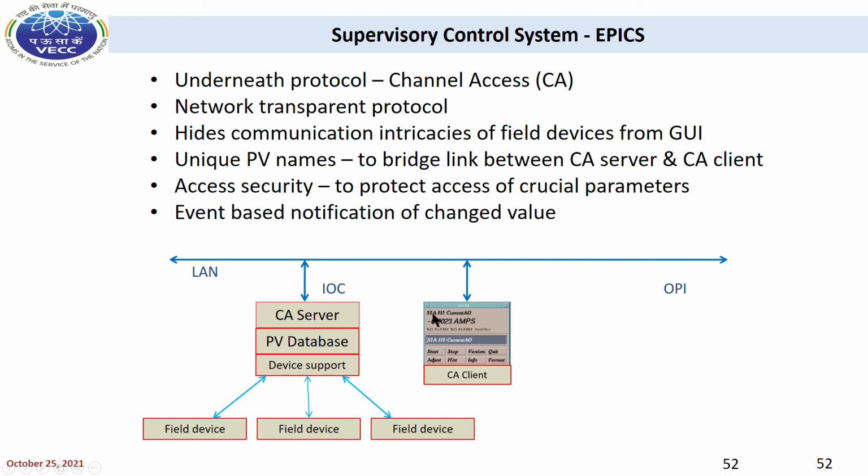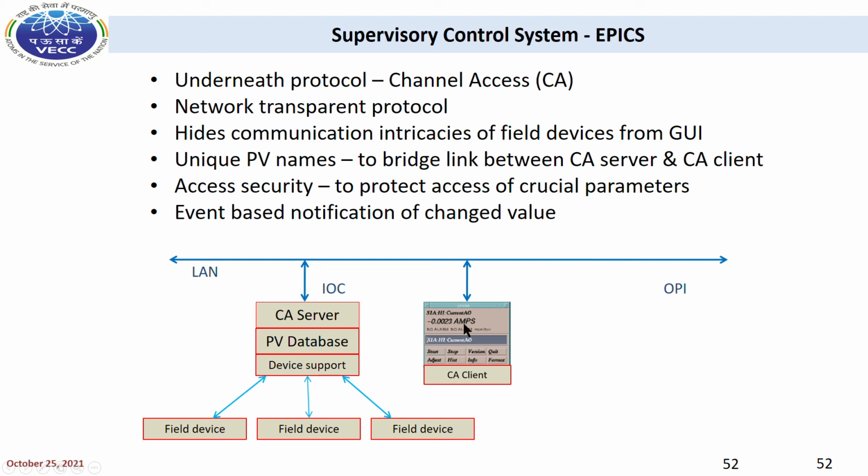So if you see the overall operation, the goal of the channel access protocol is to provide remote access to PVs by the IOC server.